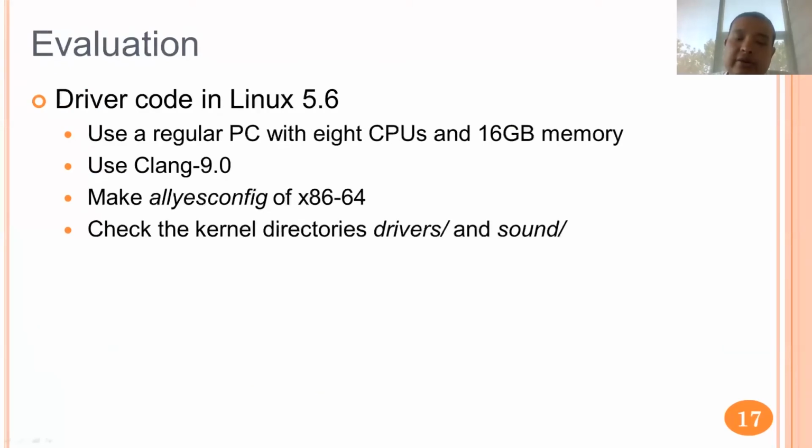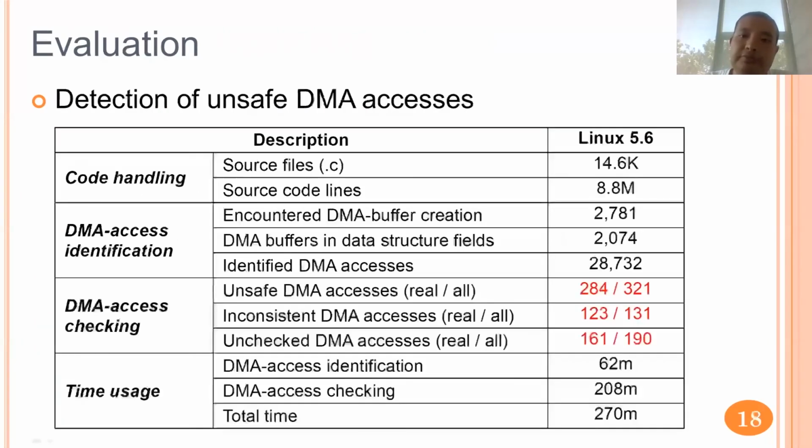In Linux 5.6, we just check the kernel directories, drivers, and sound, which contain driver code of the kernel. The table shows the detection results of unsafe DMA access. In total, SADA finds 284 real unsafe DMA accesses.